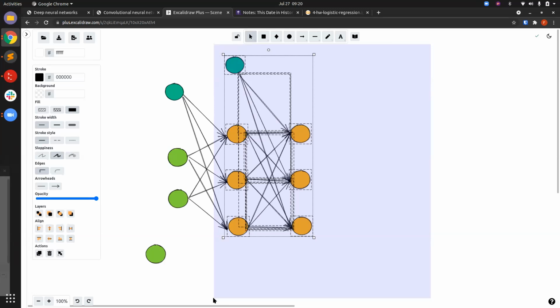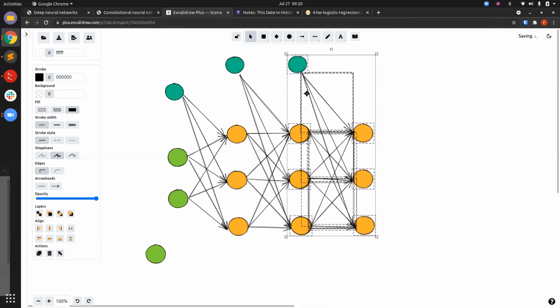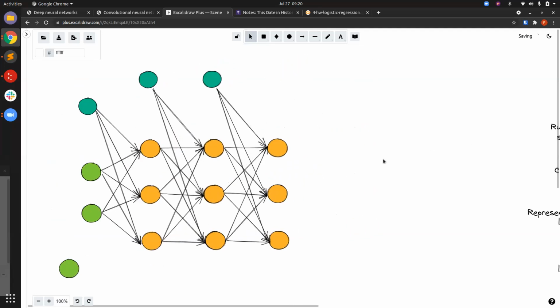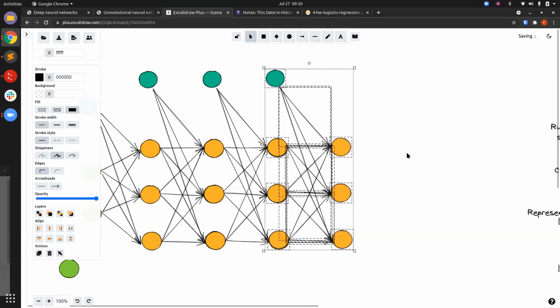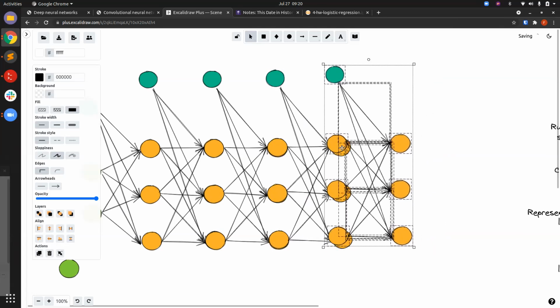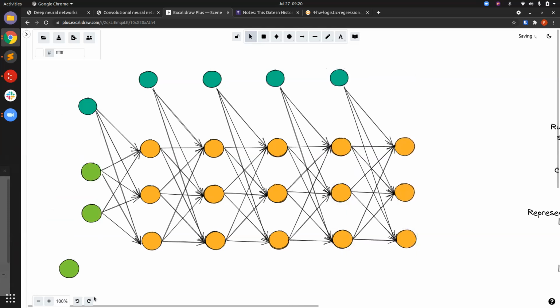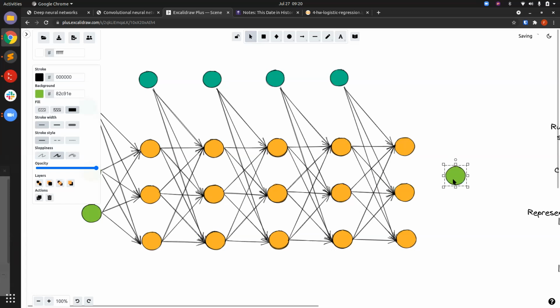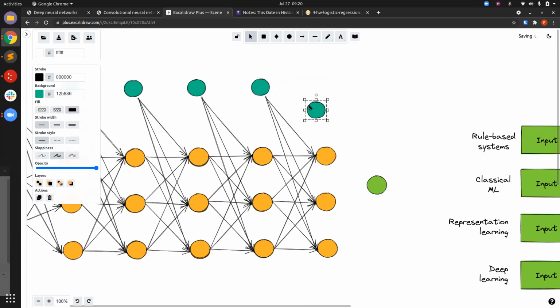Every time I repeat these steps, I'm just going to keep pasting copies of layers on top. Each layer now has the benefit of the features learned by the previous layers, and they can now learn very complex representations.